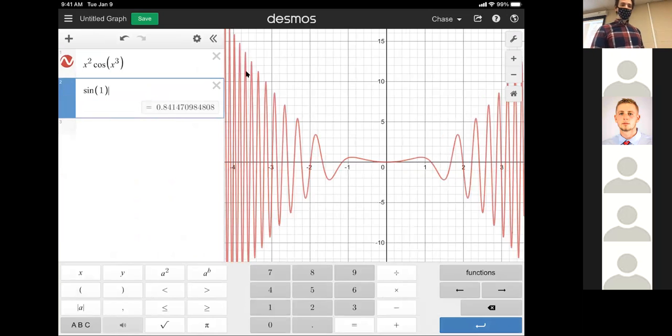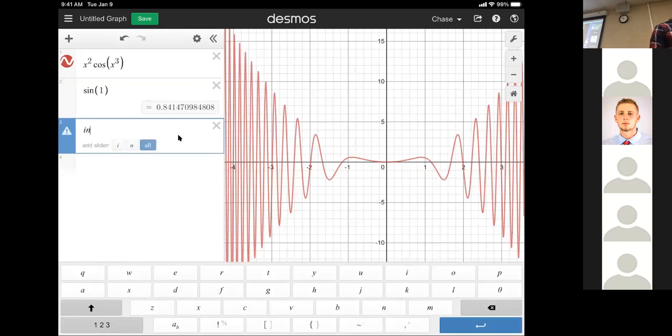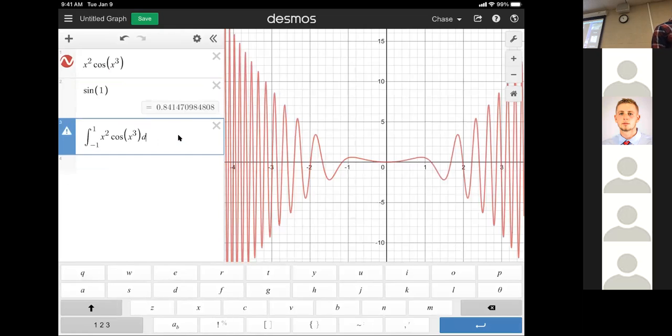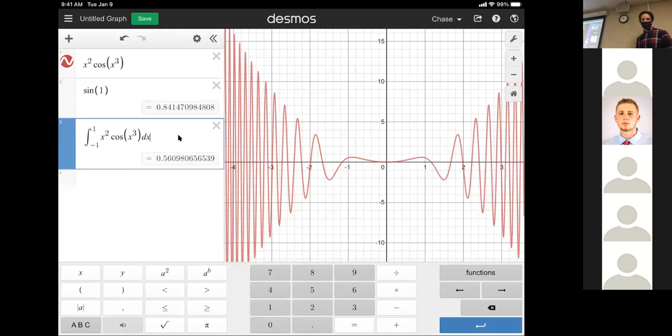Can you find the area in Desmos? Yes, you actually can. In Desmos, you just type int, and that gives you the integral sign, and then this is -1. You type in +1 up here, and then you do x squared times cosine of x to the third, and then you just have to say dx, and it gives you 0.5609.